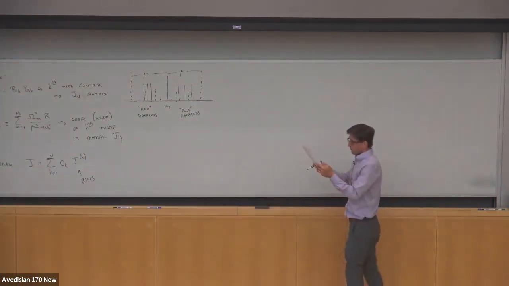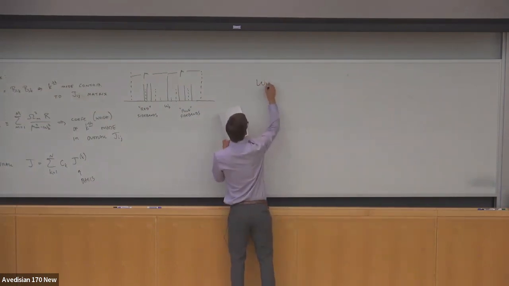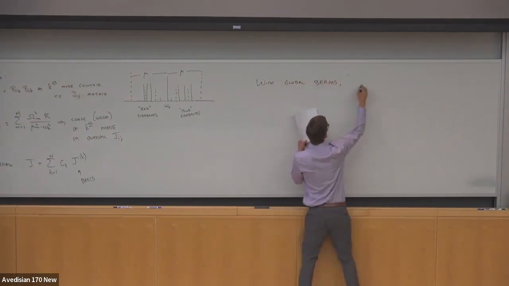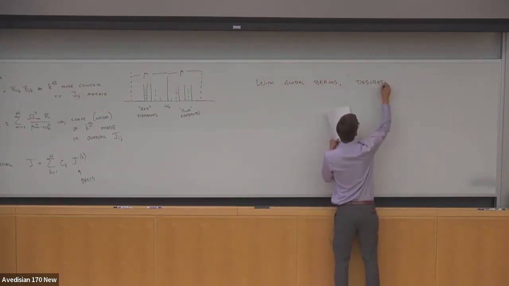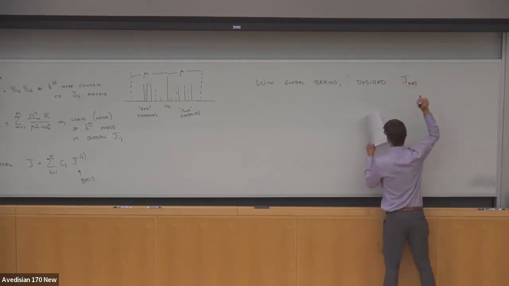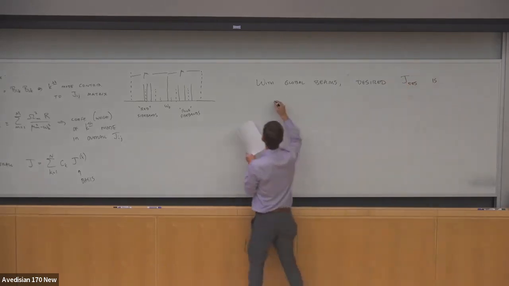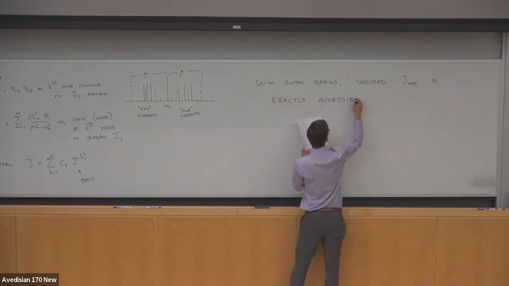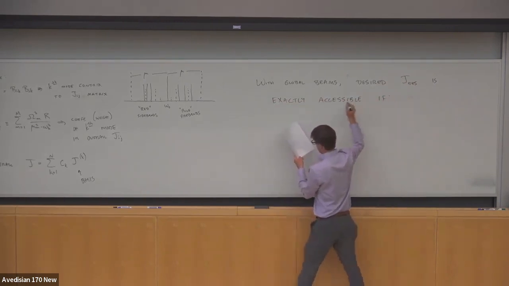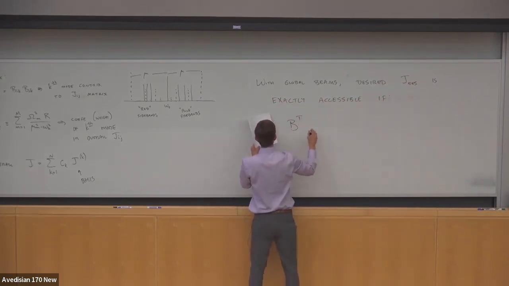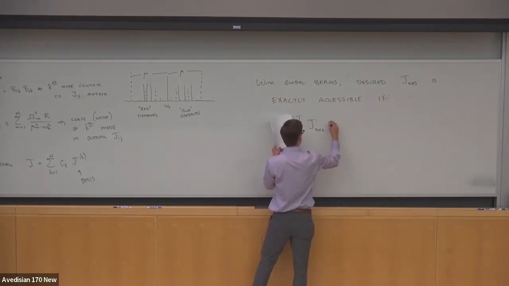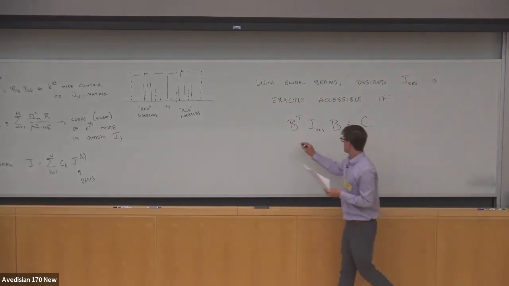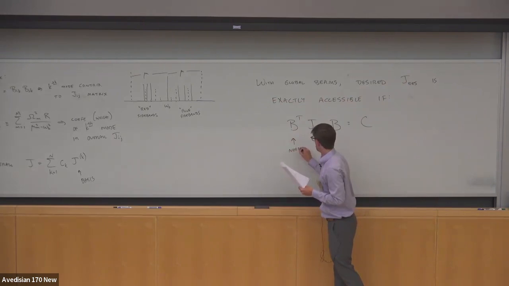And so one of the things that we proved is that with global beams, a desired J, let me call it J sub desired, is exactly accessible, meaning you can make it, if B transpose times J desired times B is equal to a matrix C. These B's are our normal modes.